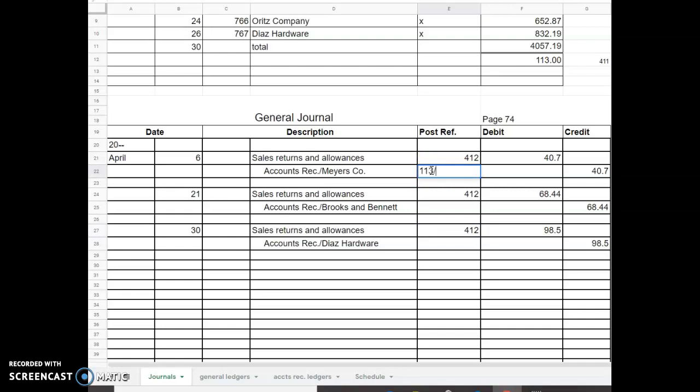We're going to put a hyphen, and I'm going to use a check mark, but in this instance, I'm just going to go ahead and use an X. That indicates that we put it into accounts receivable and we put it into Myers and Company. So I'm just going to go ahead and paste this into these boxes. So now you have your post reference numbers done. I'm going to go ahead and pause this, and we have one more really quick thing to finish.